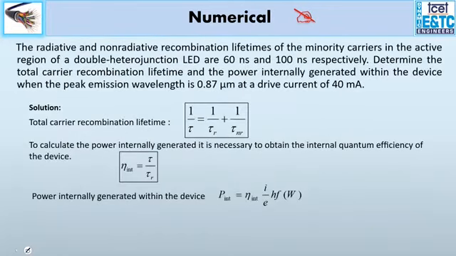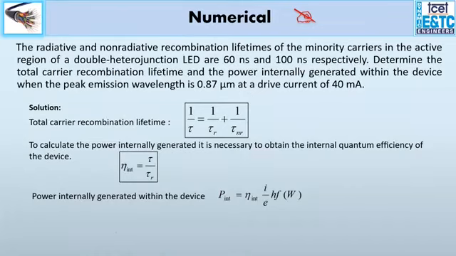Calculate this. You are also asked to calculate the power generated. All the formulas are written. You need to simply substitute the values and get the powers. Determine the total carrier recombination lifetime, that is tau, and the power internally generated within the device when the peak emission wavelength is 0.87 micrometers at a drive current of 40 milliamperes.